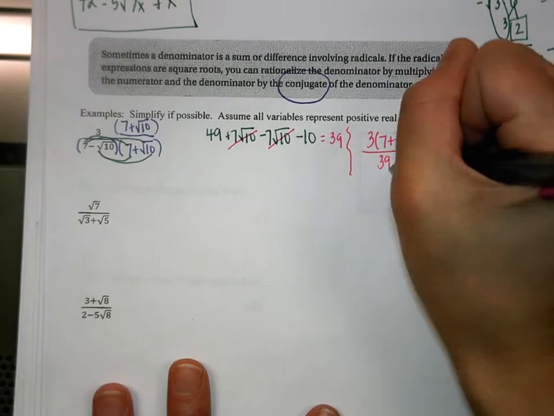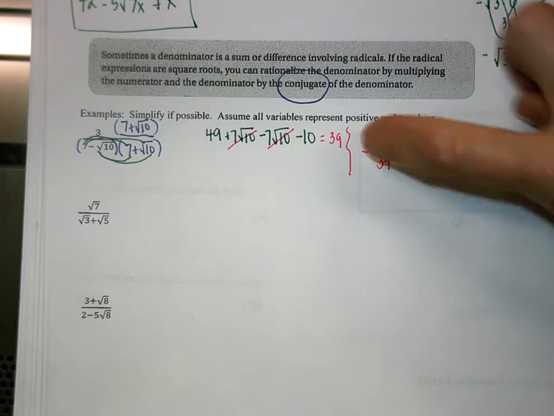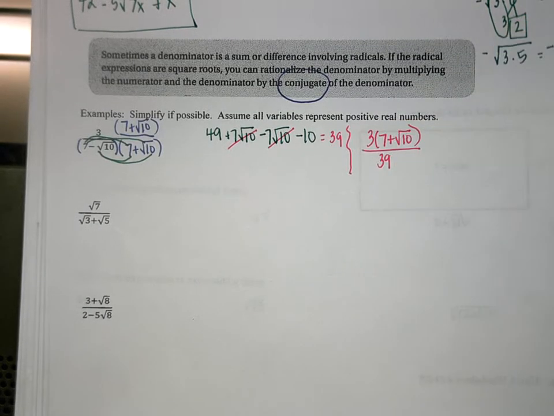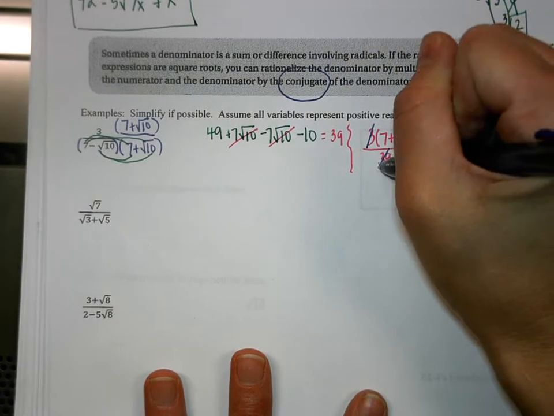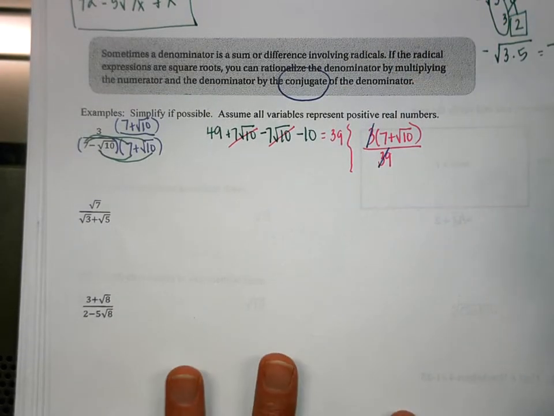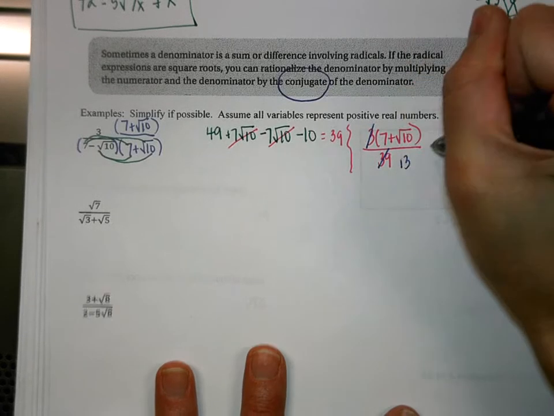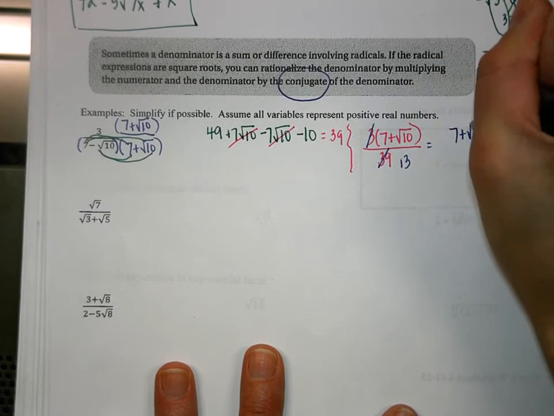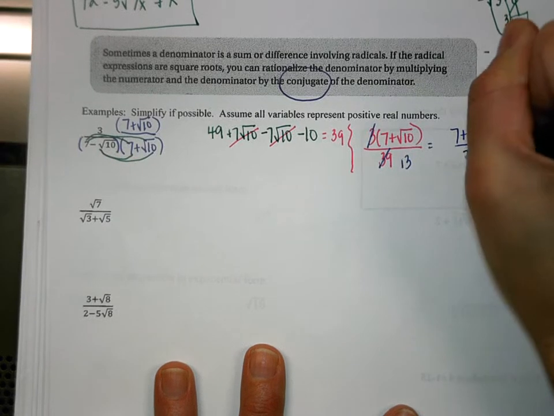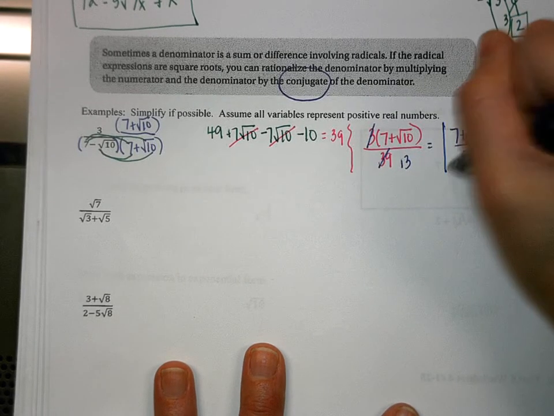Okay. So the 3 and the 39 are not connected like glue with anything that's adding or subtracting. And so if you look at those, could we reduce them? Yeah. So 3 goes into both of them, correct? And so we can cancel out this 3, and then 3 goes into 39 how many times? 13. So we end up with 7 plus root 10 over 13. Thank you, 13. That's what I meant to say.